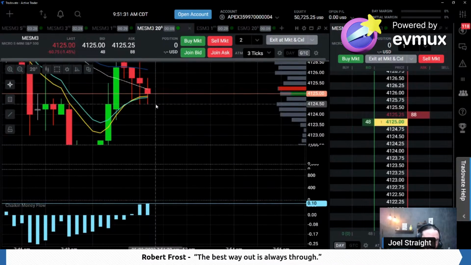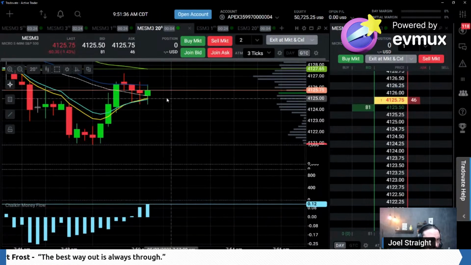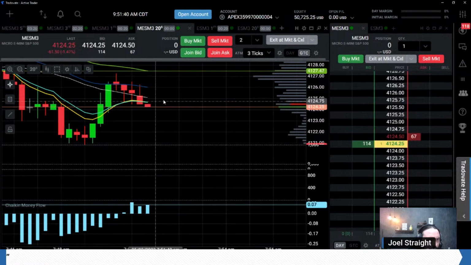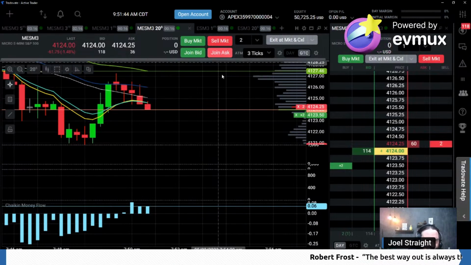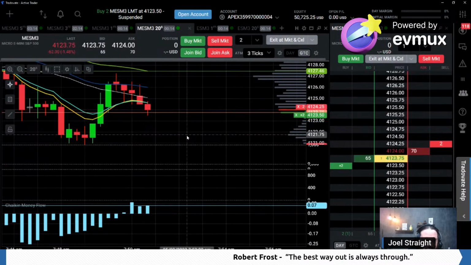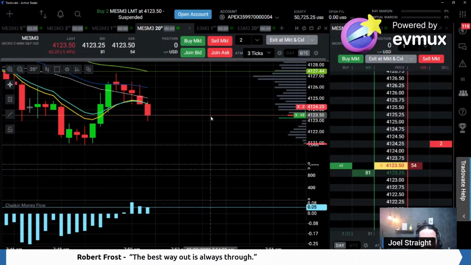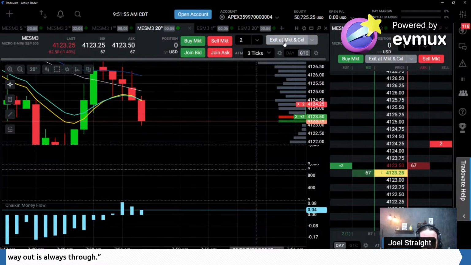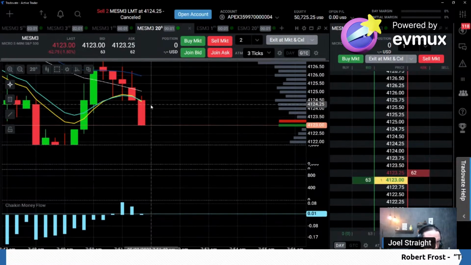To be honest, I feel a little lost without the indicators that I normally use. I'm gonna try to short right here. No fill. I'll exit it. I was gonna try to short right there from that drop.